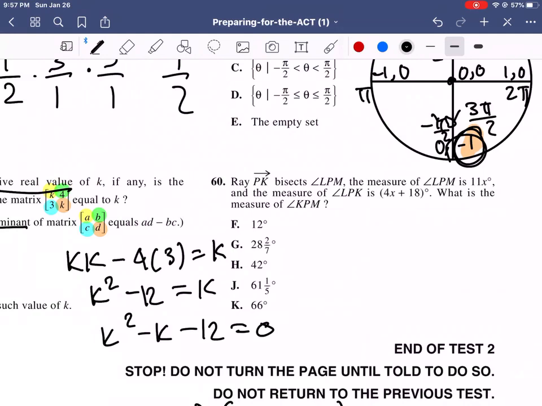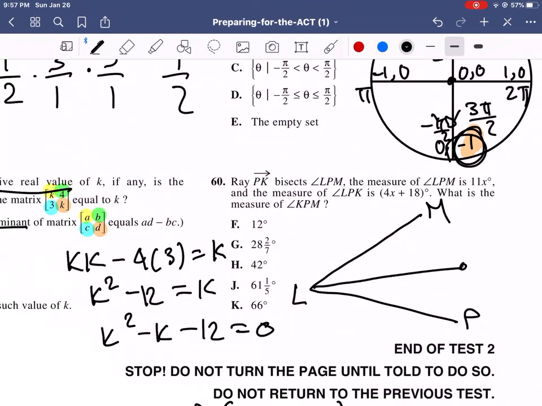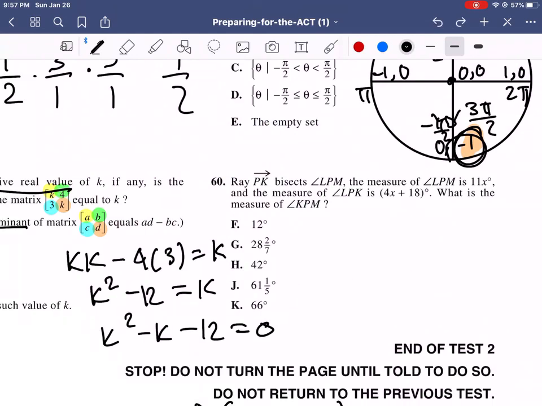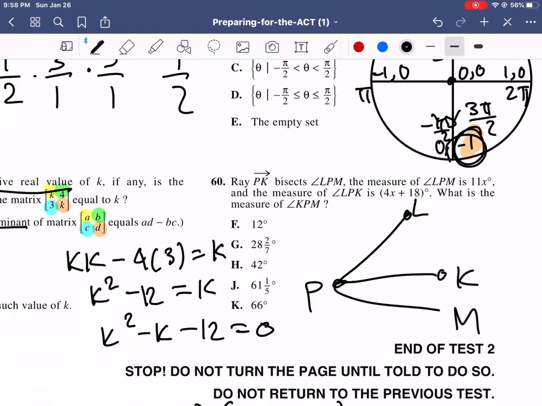But, yeah. Ray PK bisects angle LPM, blah, blah, blah. So, this is LPM, LMP, and this is PK. So it's basically saying PK bisects LPM.